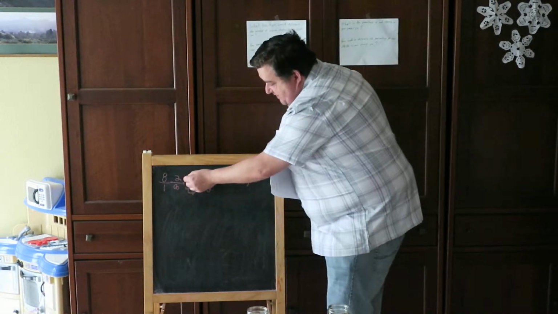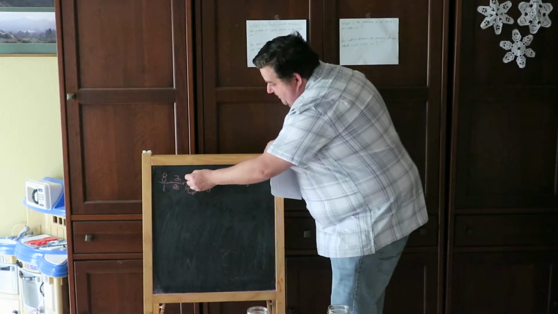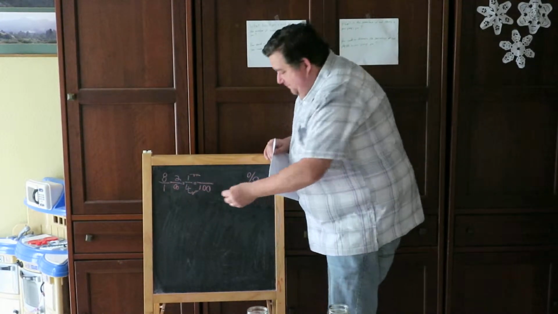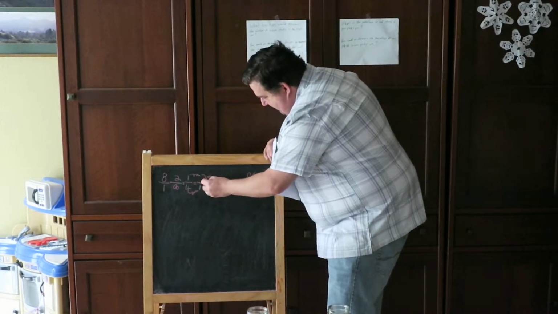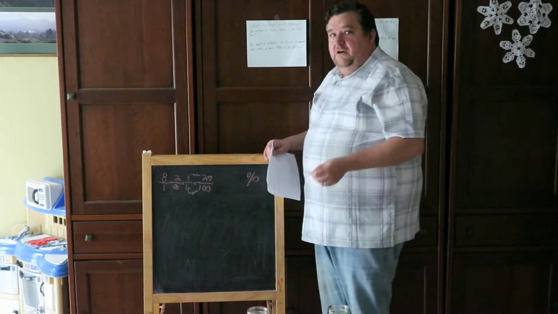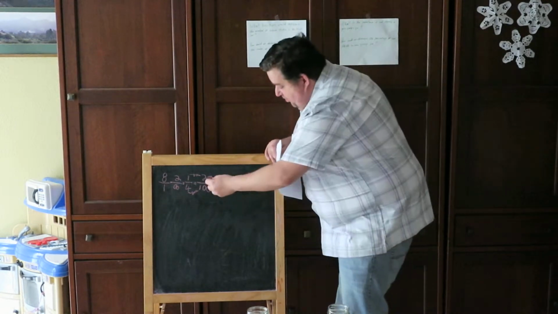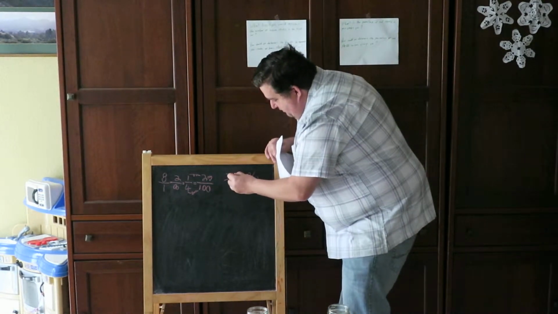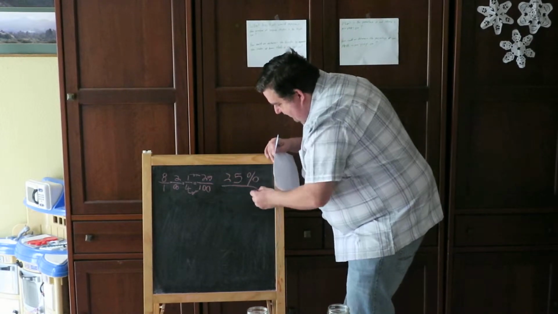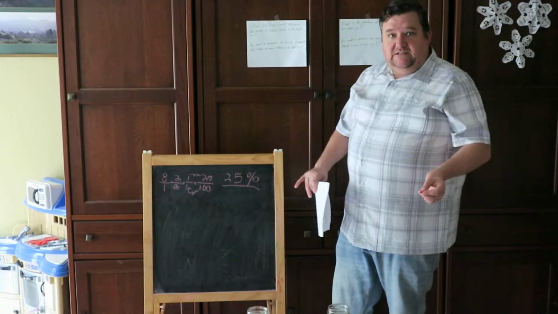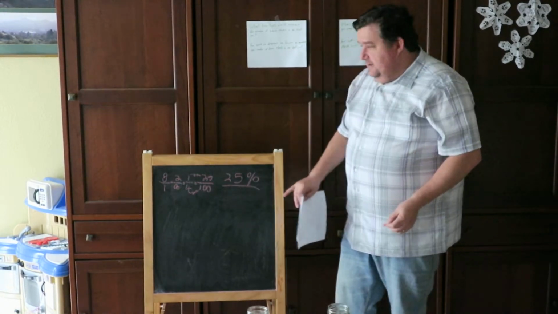So we also have to multiply the numerator by 25. So 1 times 25, help me out, guys. That's right, 25. So 25 over 100, or 25 per 100, or 25%. So I had 25% of the pizza last night.